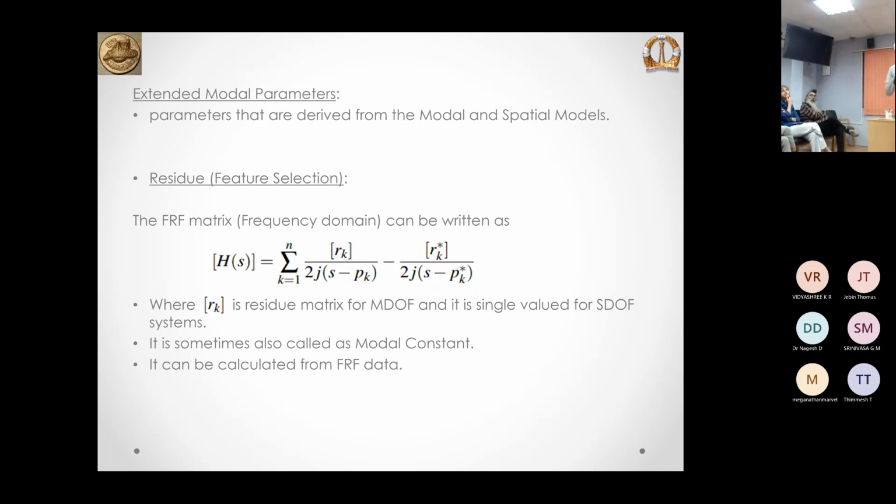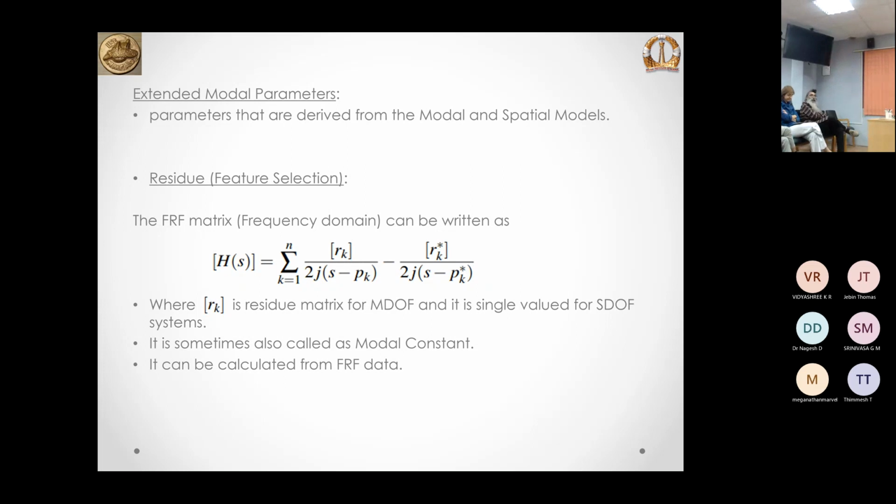A feature called residue is used and selected. It is seen that residue is unique to the structure. If we are able to calculate the residue, then what I have found is that the residue is very sensitive to the damage location.